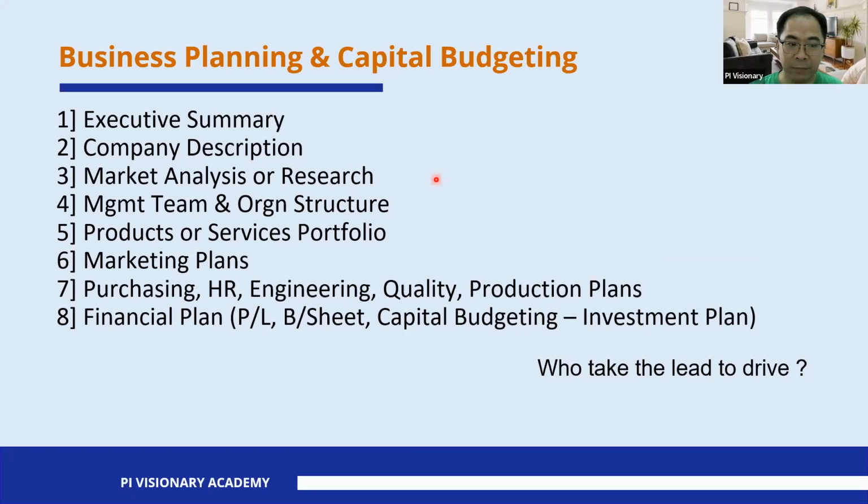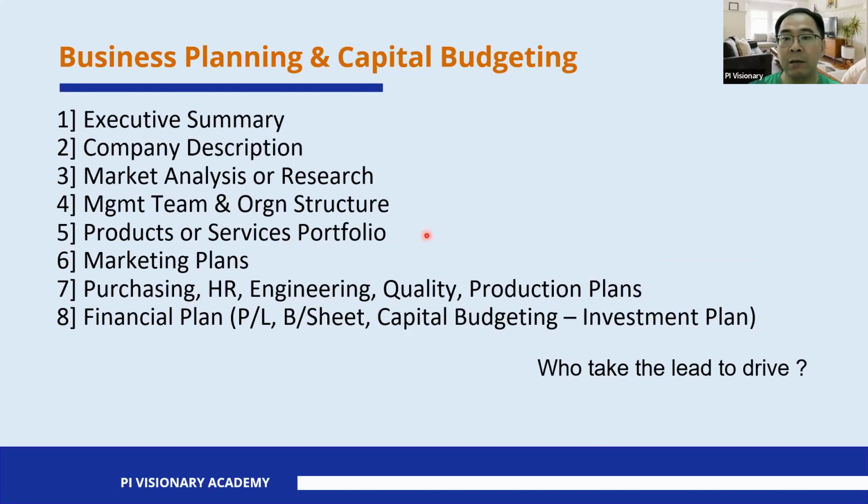Because we are human. Example, Vivian, you are purchasing director. You also need to establish working relationship. By the way, I say working relationship with the production manager, working relationship with the finance director, finance manager, working relationship with the sales manager, so that all of you can work together, cooperate.